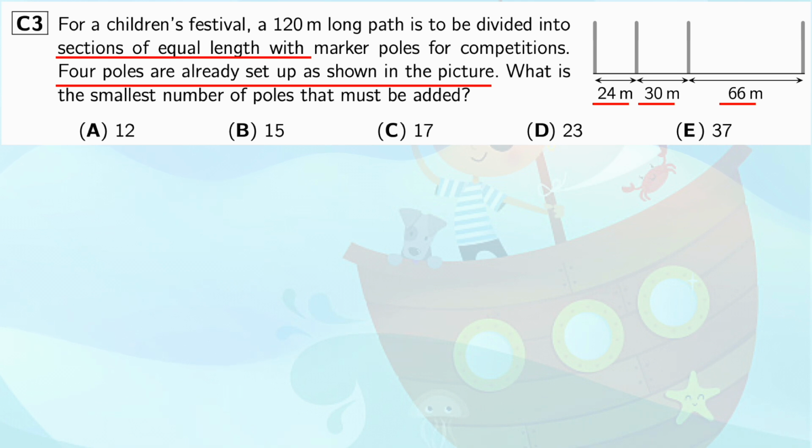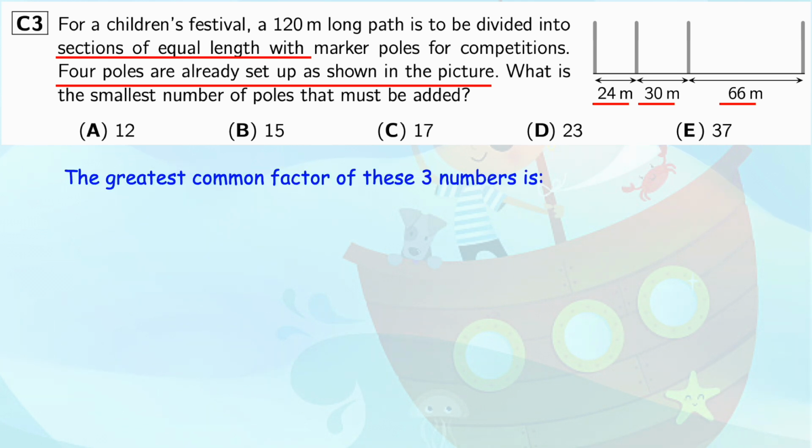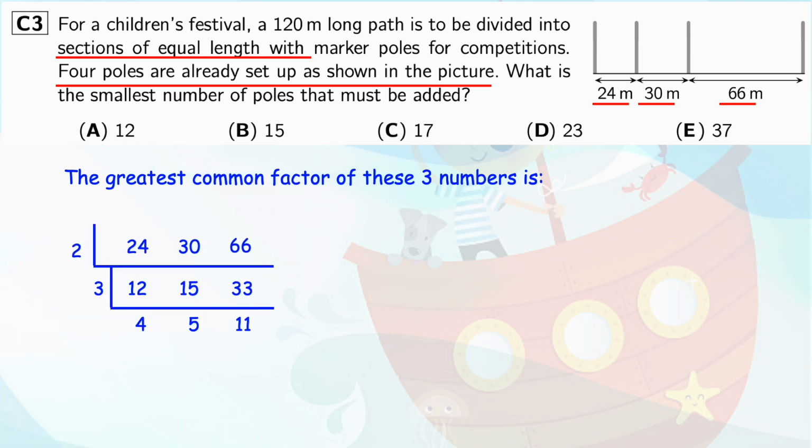To determine the correct spacing, we need to find the greatest common factor of the numbers 24, 30, and 66. The greatest common factor is the largest number that evenly divides all 3 numbers. We can find it using prime factorization. We write the 3 numbers side by side, and we start with the smallest common prime divisor first.